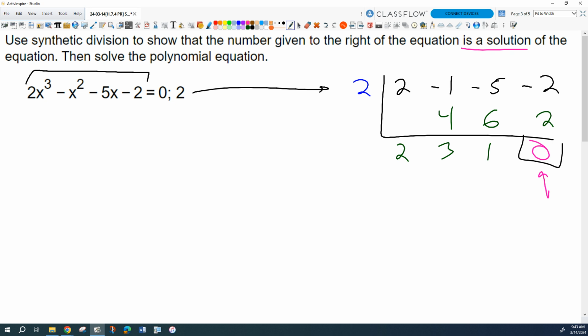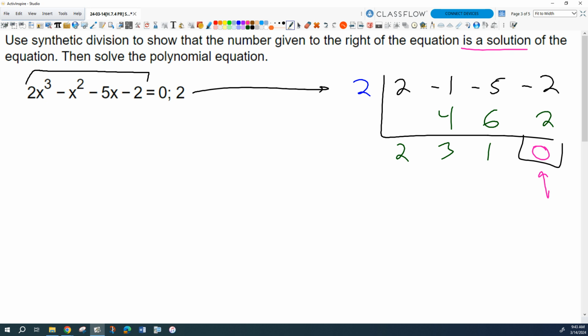Okay. How does that help me? I'm trying to solve the polynomial equation, so I need all the solutions, not just that one. How am I going to get all those other solutions? Okay, so x minus 2 is one of my factors, right? When we were solving polynomial equations, we used grouping, but that was just a technique for accomplishing our goal of factoring the polynomial. If I could factor the polynomial, then I could apply the zero product property and find all my solutions, right?